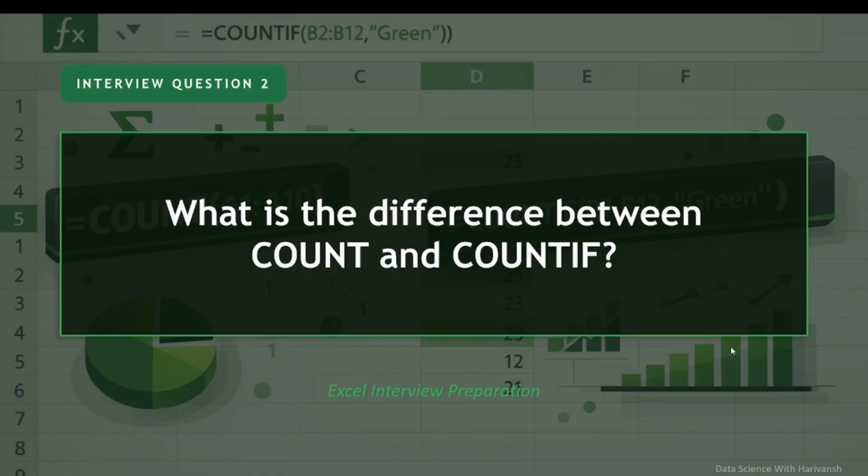It strictly counts the number of cells within a specified range that contain numeric values, completely ignoring text, blank spaces, and any non-numeric data. On the other hand, the COUNTIF function introduces logic into your analysis by counting cells only if they meet a specific predefined condition or criteria, making it a staple for conditional counting.